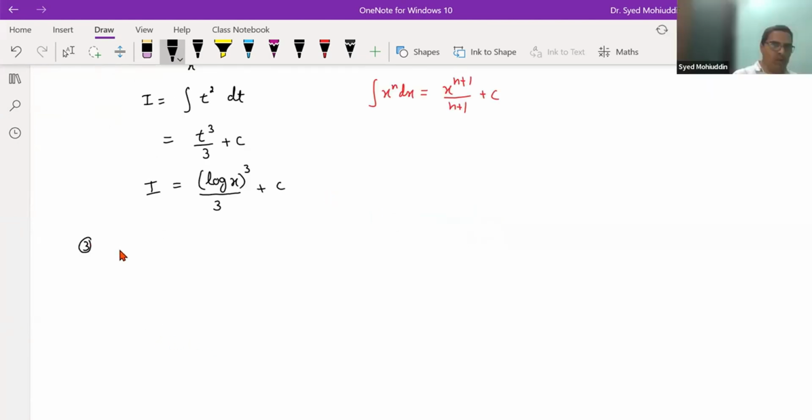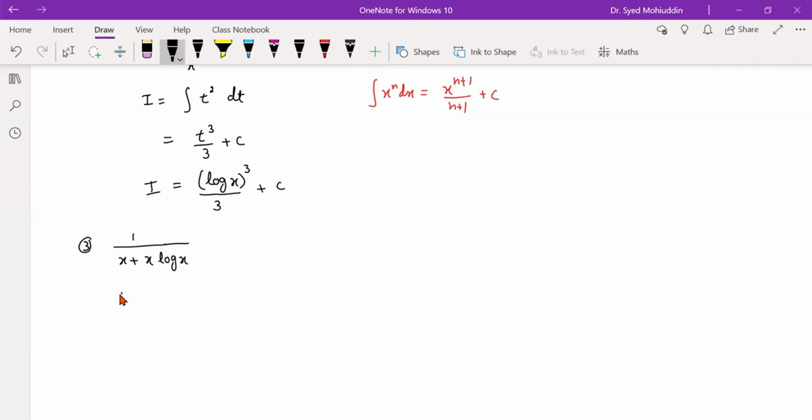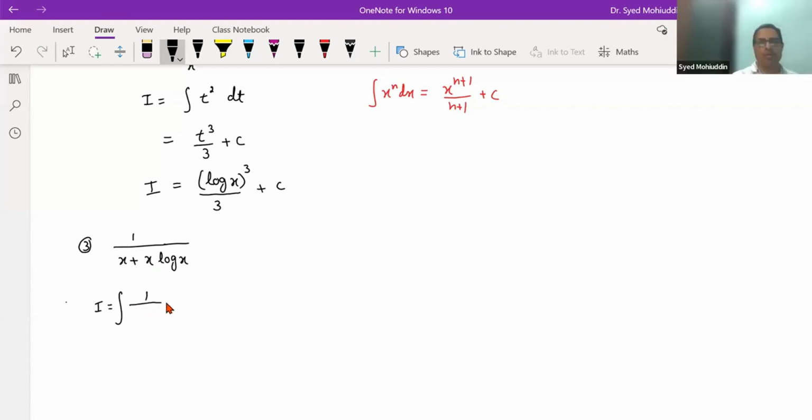Next question, what we have is 1 by x plus x into log of x. Now what is the differentiation here, and what is the value that you have? Which value you have to take as t? But here 1 plus log x is not there. You just try to integrate it, apply the integral. Let us take I is equal to, so what you have, I'll just try to rewrite it.